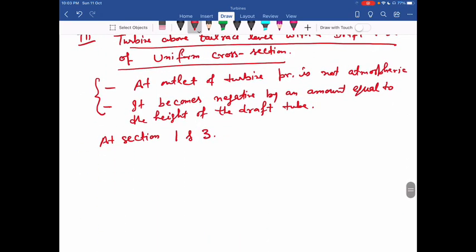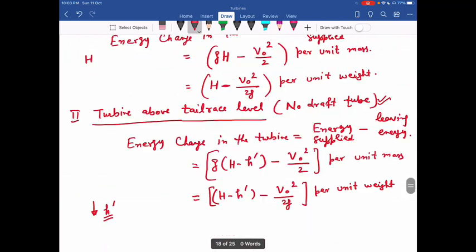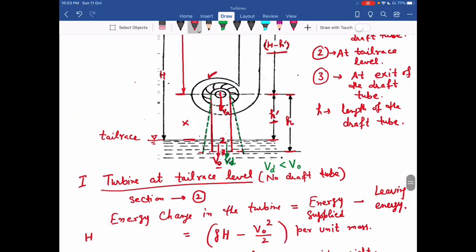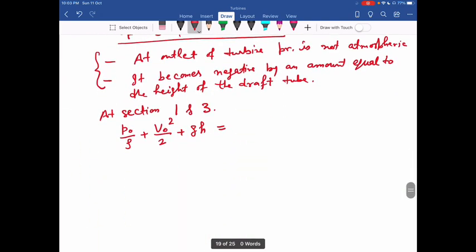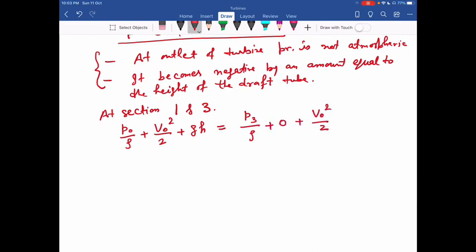So I can write it as PO by rho plus VO square divided by 2 plus GH equal to, at section 3, that is my bottom line. So section 3 is here, that is my bottom line. So I can write it as P3 by rho plus 0 plus VO square by 2.